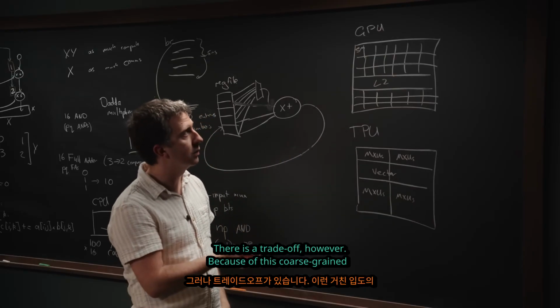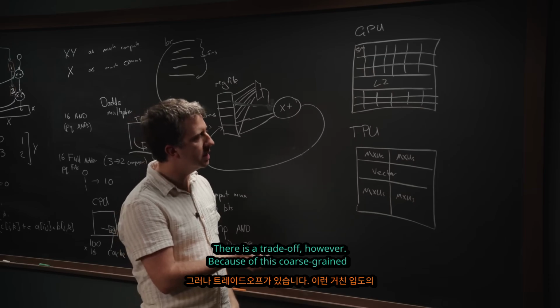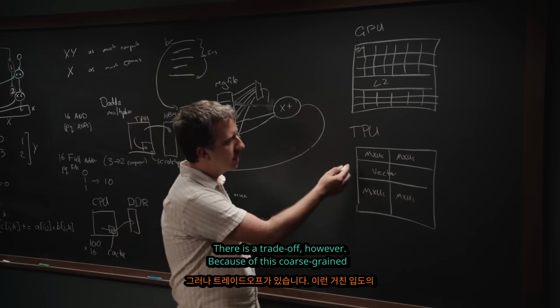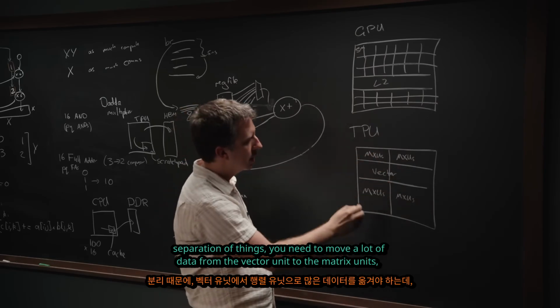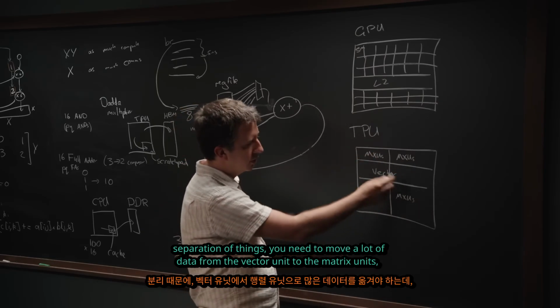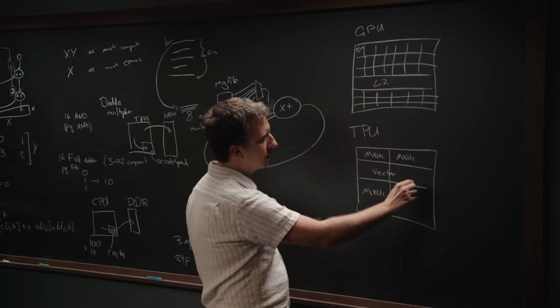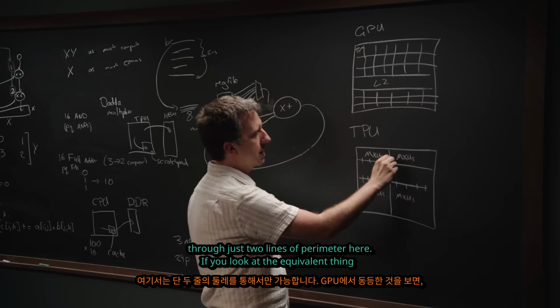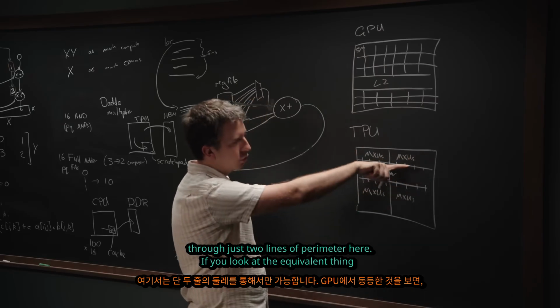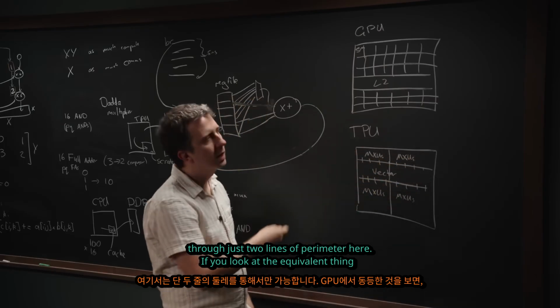There is a trade-off, however. Because of this coarse-grained separation of things, you need to move a lot of data from the vector unit to the matrix units, through just two lines of perimeter here.